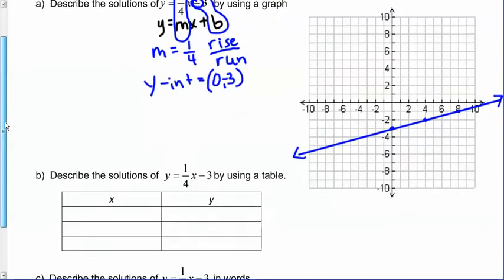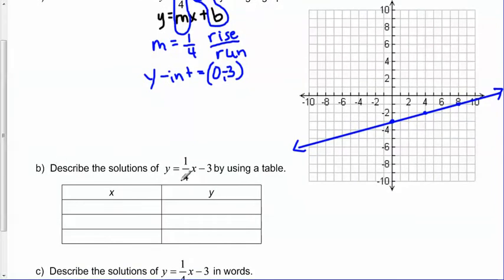Now we're being asked to describe the solutions of y equals 1/4 x minus 3 by using a table. We could certainly go back to the drawing board. We could choose a bunch of values for x, do our calculations, and come up with our value for y. So let's just try that, maybe for x equals 0. If we let x equal 0, we put 0 in for our x.